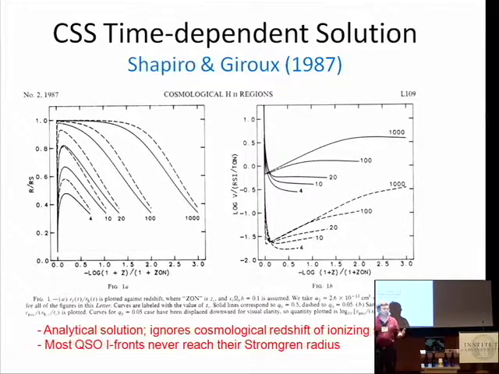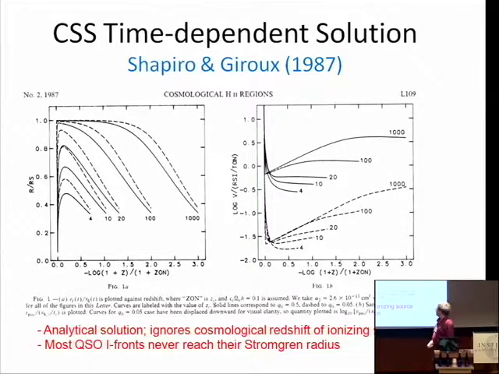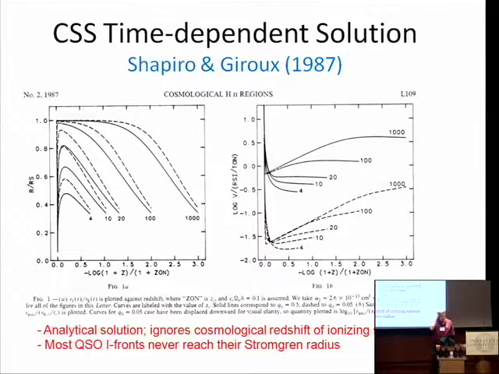As the recombination rate drops, the Stromgren radius increases, and the I front finds itself having a hard time keeping up with its revised Stromgren radius. Oh, I've got to be bigger now, and it just can't get out there. So this is an important thing to keep in mind when you do cosmological reionization.